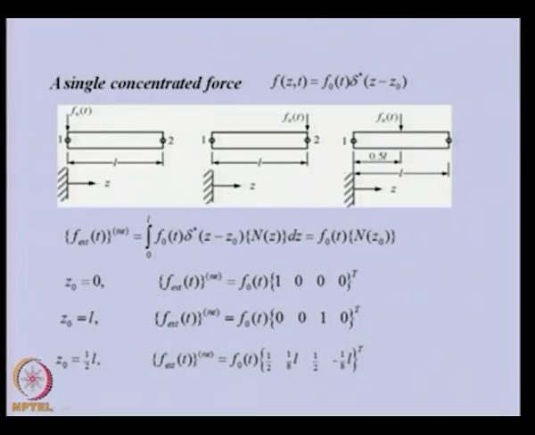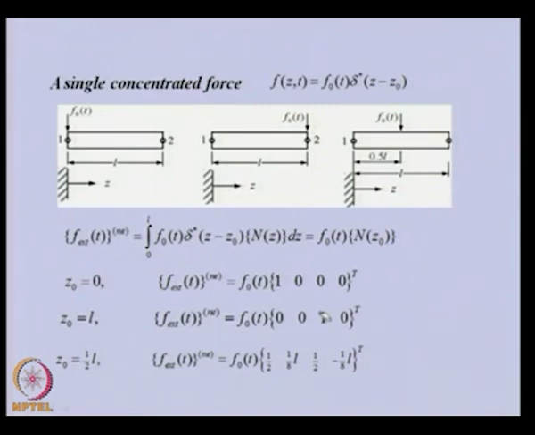For the first case, when z naught is at 0, only this will be 1 and this will be 0, because N1 is 0 for the rest of the cases except at node 1. So, you can see that we are directly getting the nodal force at 1. Similarly, if the force is here, we will get it at the corresponding node, because the second and fourth are for moment.